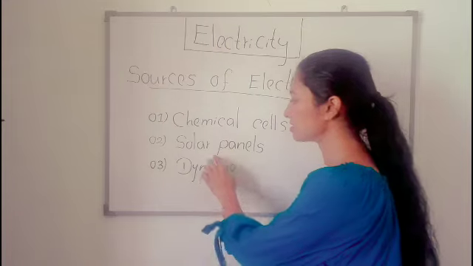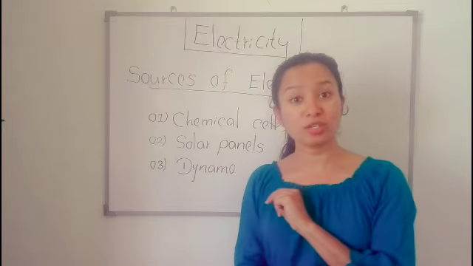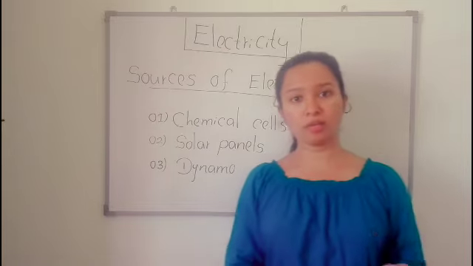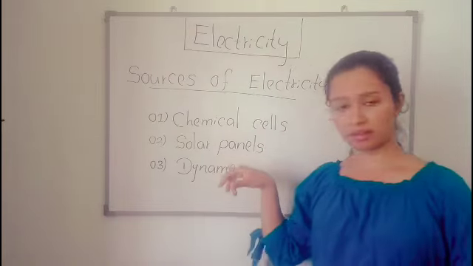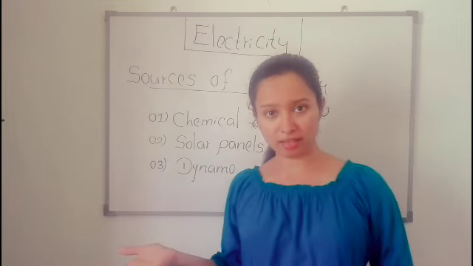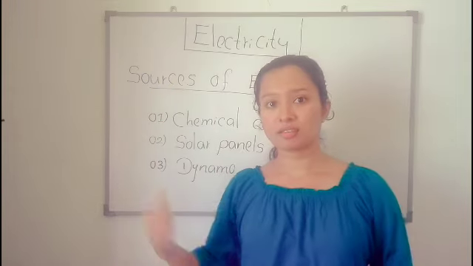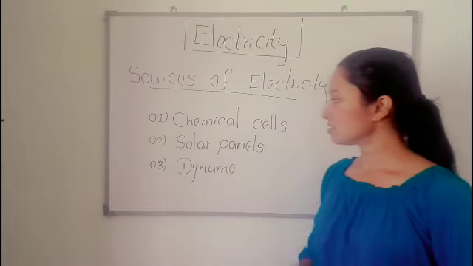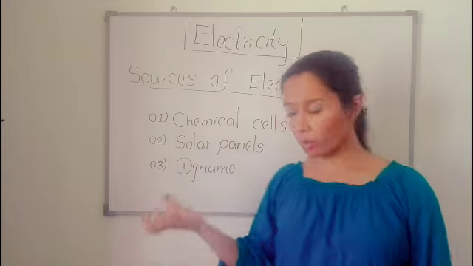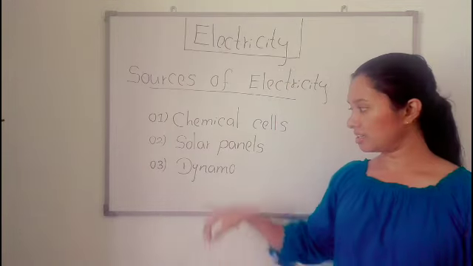The second one, solar panel. You all know, sometimes in your home there is a solar panel. Electricity is generated in solar panels by solar radiation. The solar cells need solar radiation, the sunlight, for generating electricity.